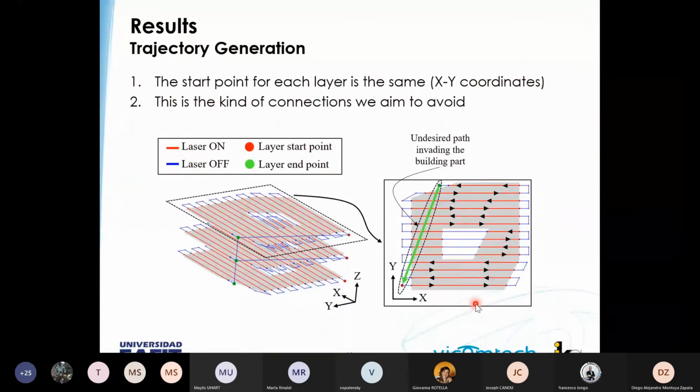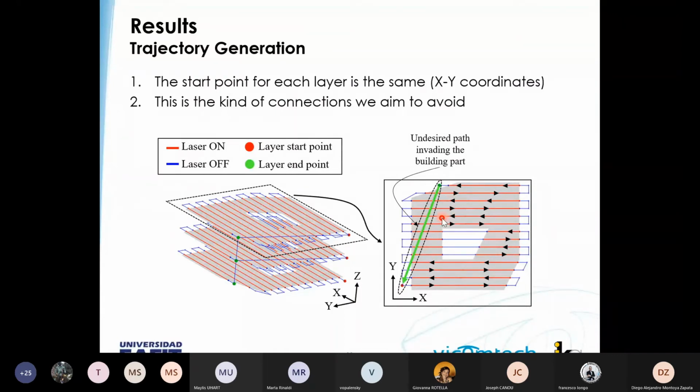And here we have another example, now of the generation of the trajectory. Here we have an undesired path. We want to connect this point here in green to this point here in red. So you can see that if we try to connect them directly, we cross the polygon.